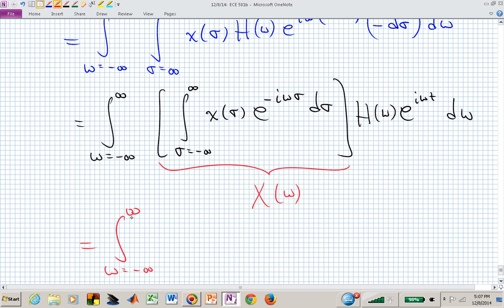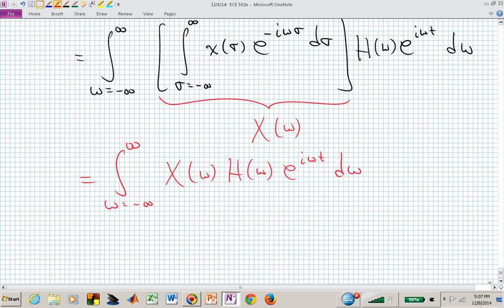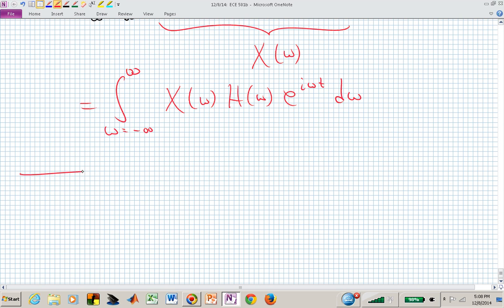This is this integral from minus infinity to infinity on omega of X of omega, H of omega, e to the I omega t d omega, where Y of omega, the frequency content of our output, is simply found by multiplying these two transforms, H of omega and capital X of omega, which really says that we've now allowed ourselves to look at Fourier analysis maybe differently.